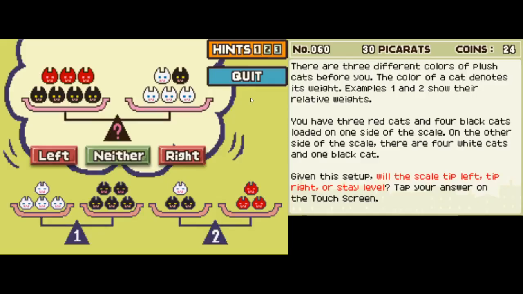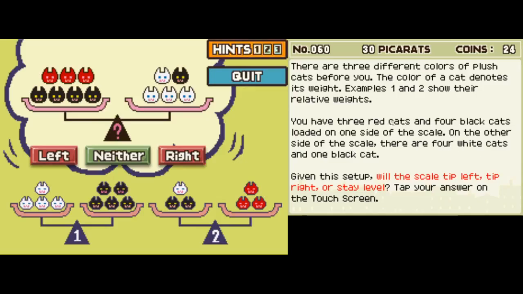Let's see. So given this setup, will the scale tip left, tip right, or stay level? I get the feeling it's left, because let me see.